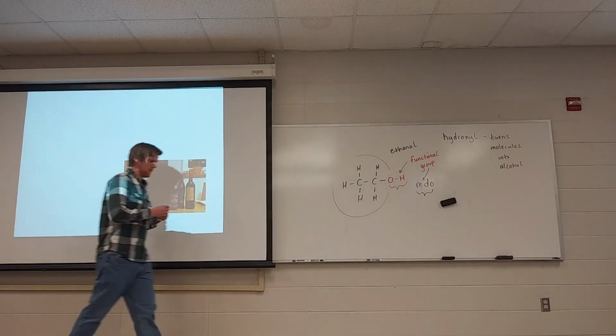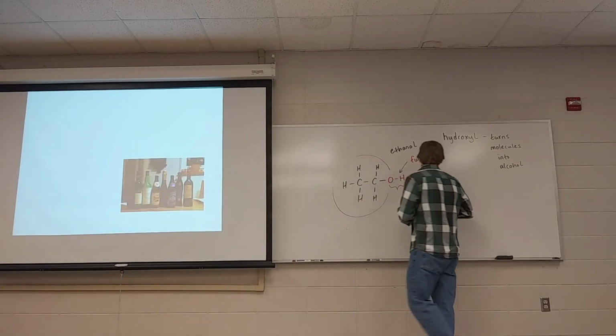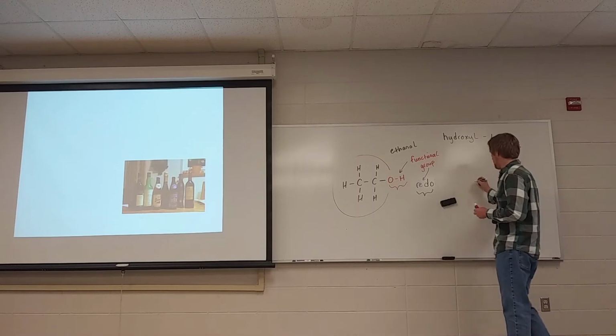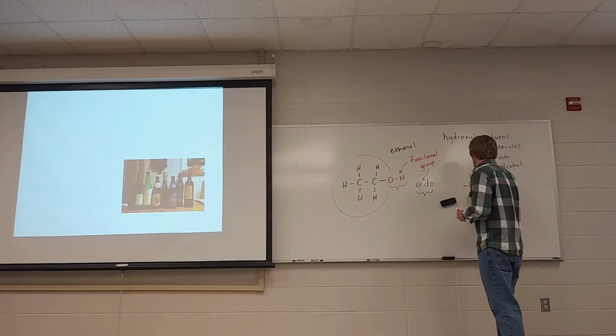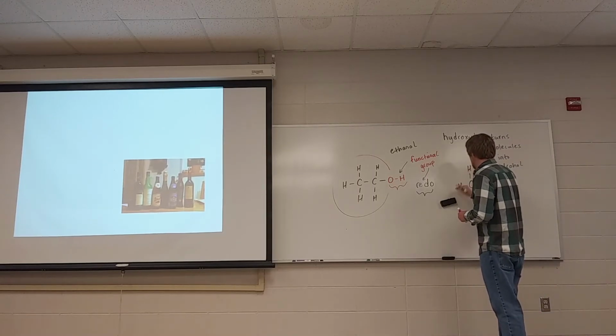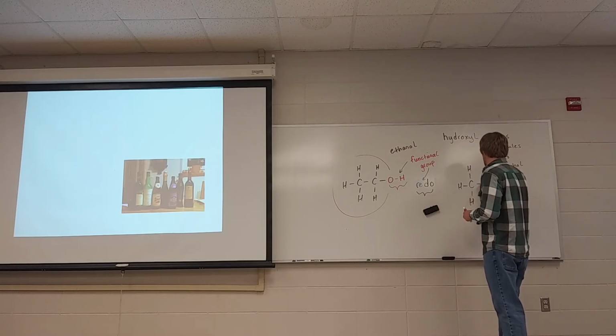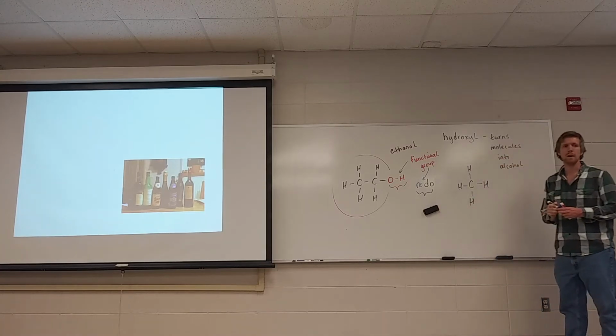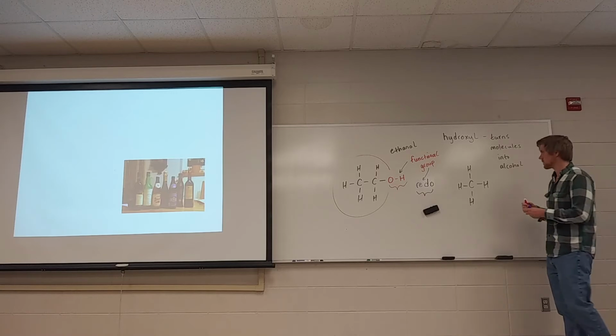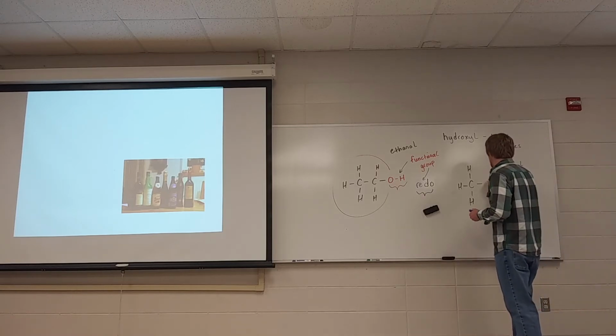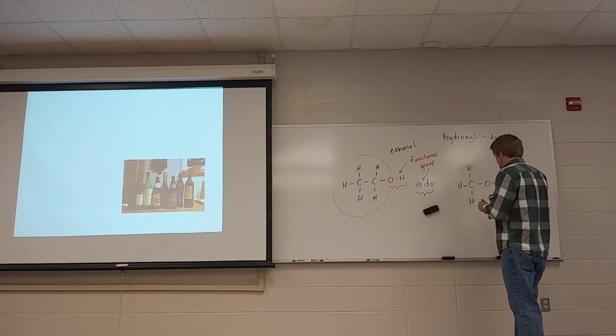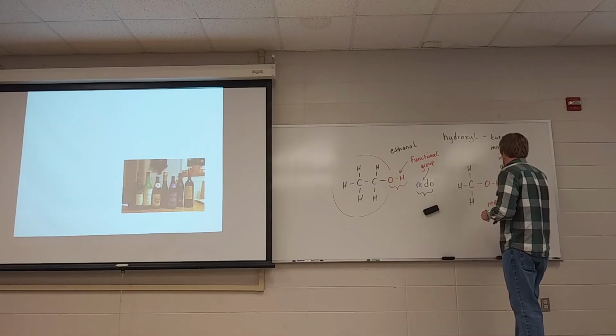One other example would be, I don't know how many of you have heard of something called methanol. So methane is this. But if we add the hydroxyl functional group, now it is methanol.